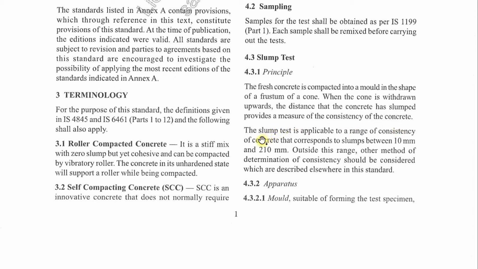And the main important thing is the slump test is applicable to a range of consistency of concrete that corresponds to slumps between 10 mm and 210 mm. Outside this range, other methods of determination of consistency should be considered, which are described elsewhere in this standard. So the slump test is applicable only in the range of between 10 mm and 210 mm.